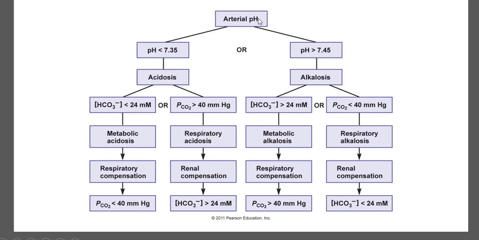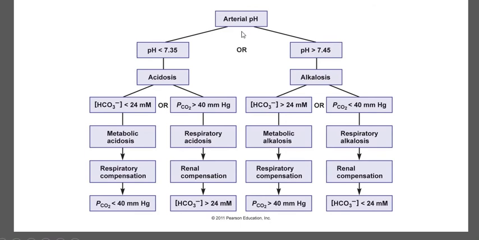When you're given an acid-base disturbance, it includes the ABG, arterial blood gas. It includes pH, partial pressure of carbon dioxide, partial pressure of oxygen, bicarbonate, and base excess. Do not look at the others.